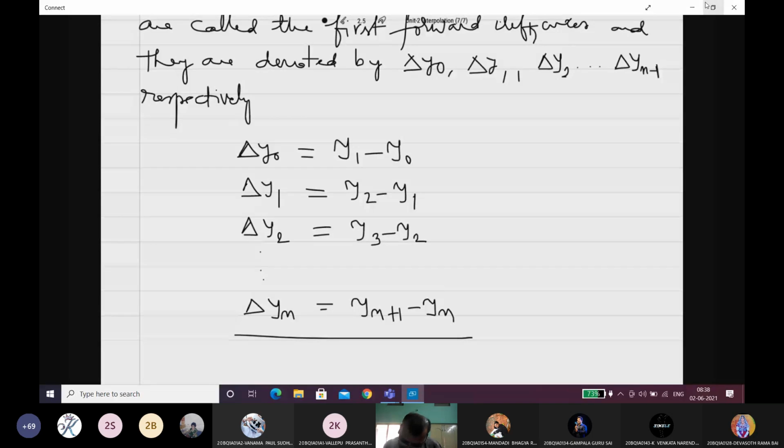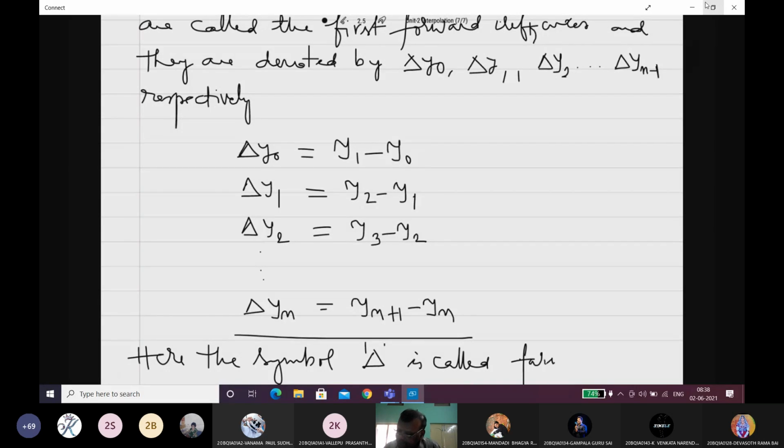Here, the symbol delta is called the forward difference operator, or sometimes simply the difference operator.